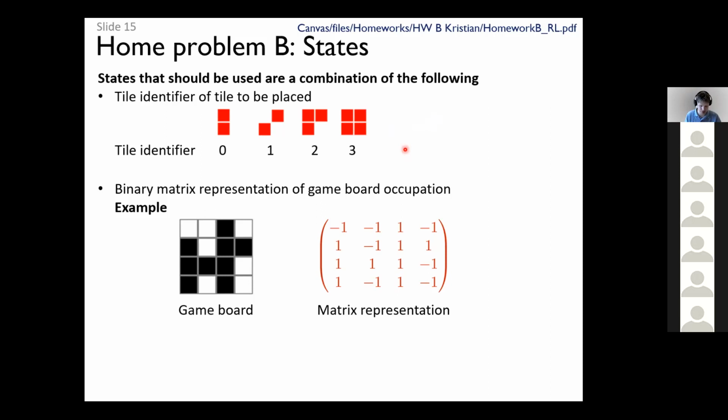Yeah, so at least not if the tile sequence is stochastic, so you just get random tiles, then the previous tile is not relevant. Yeah, exactly. So someone suggested that.